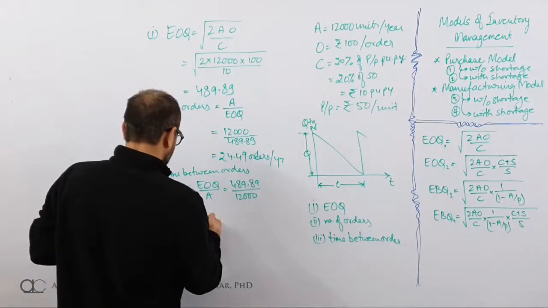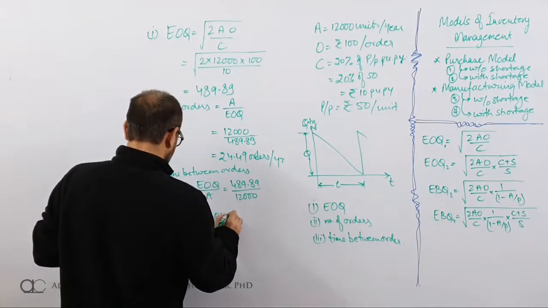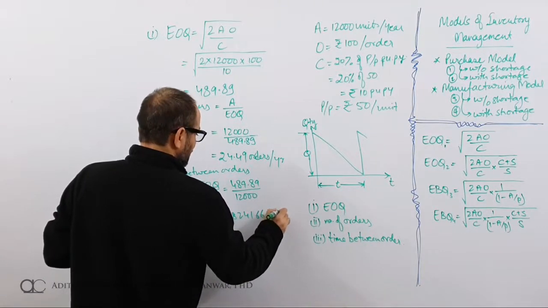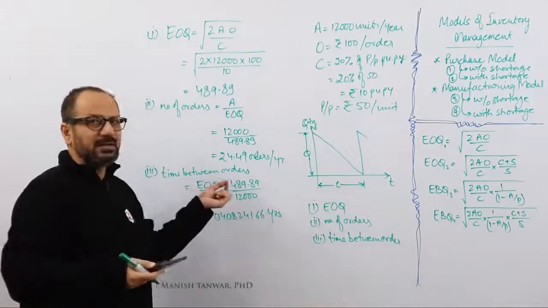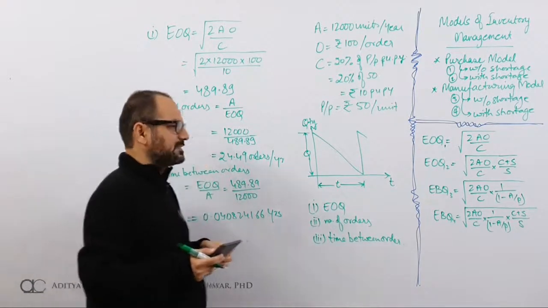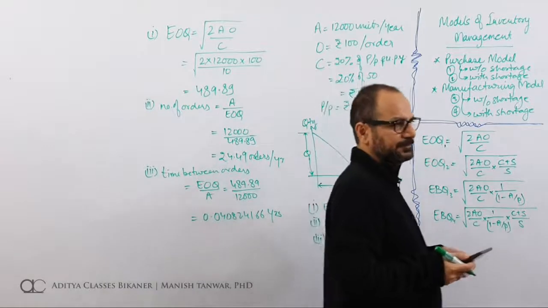This comes out as 0.040824166 years. Time between orders is 0.040824166 years. Now, does that make sense?